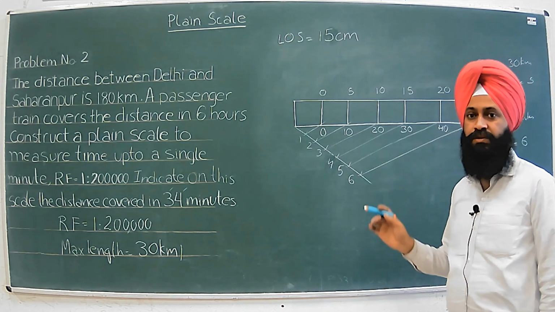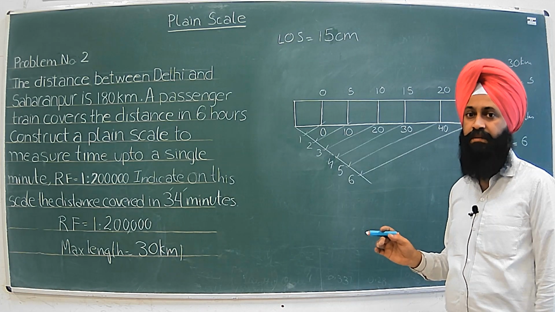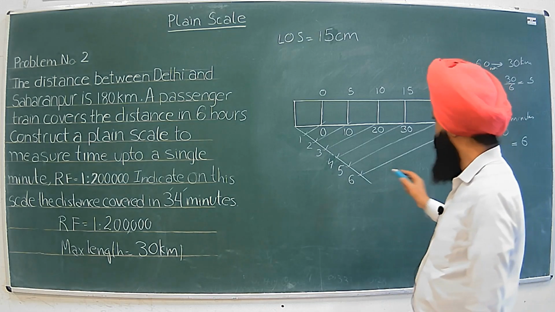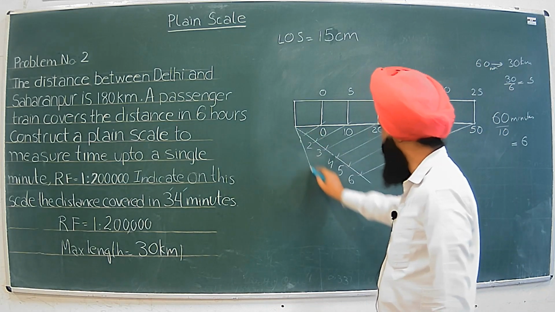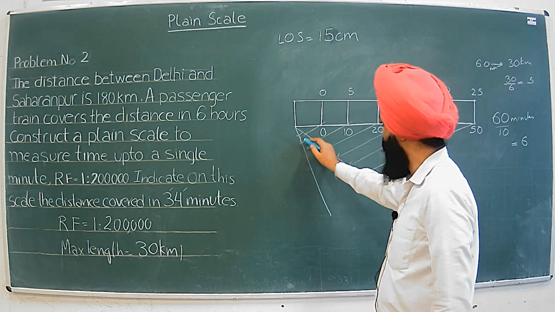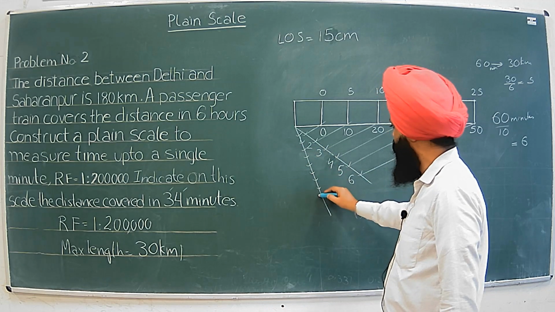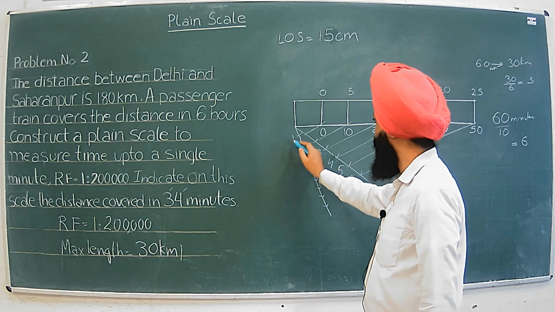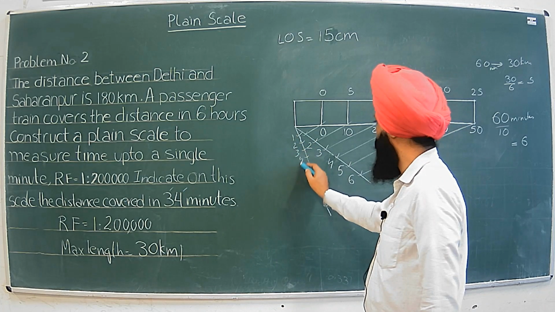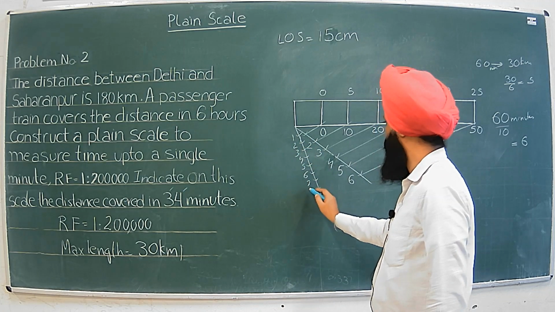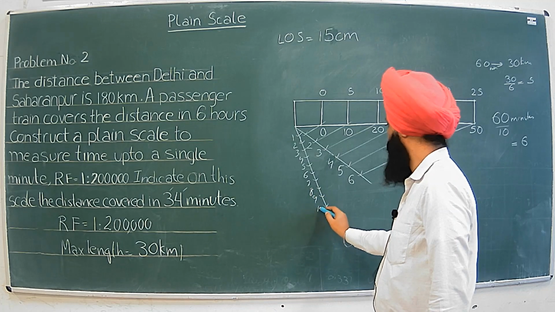Now we will divide into smaller units to measure a single minute. Draw an acute angle. Divide into 10 equal parts with the help of a compass.